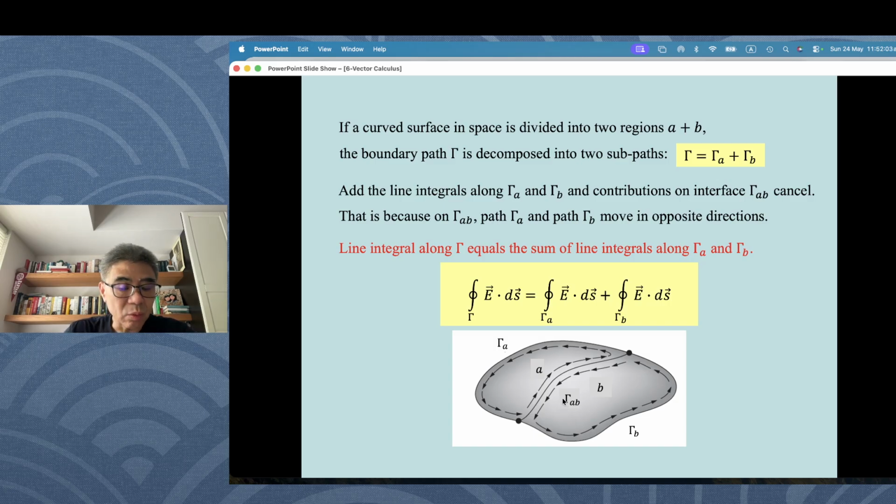What remains will definitely be the outer path and the other outer path. So when you add up the integrals on the outer paths, it just equals the line integral of the path gamma. That means you can decompose a path into two subpaths, and their line integrals will add accordingly.